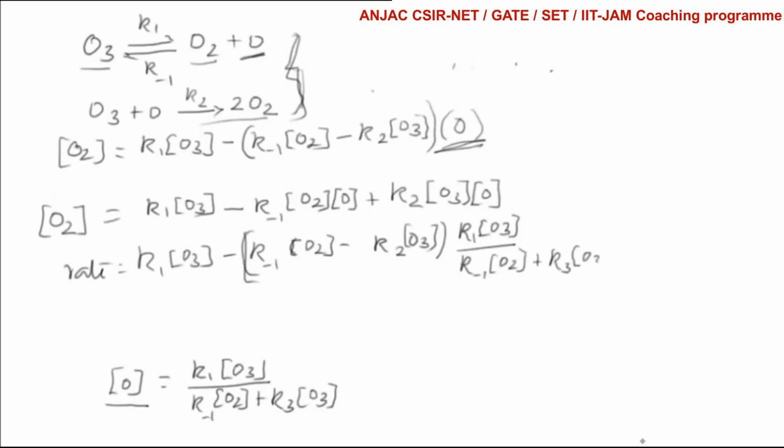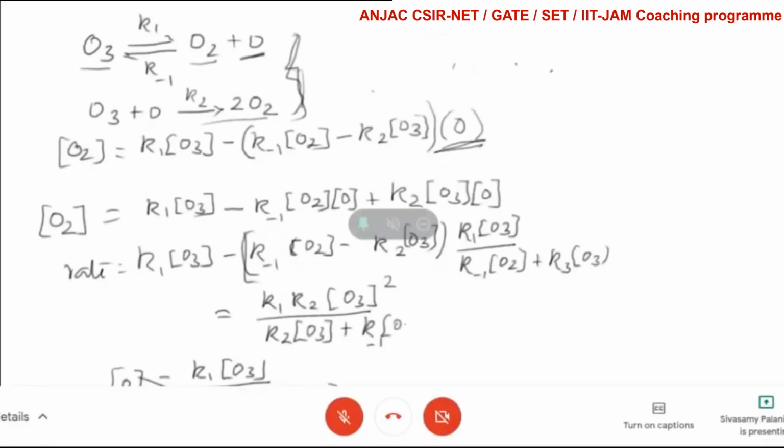It's a long process, I have already told you. And finally, on simplification, you will get k1k2[O3]^2 divided by k2[O3] plus k-1[O2]. This is the equation you have obtained.